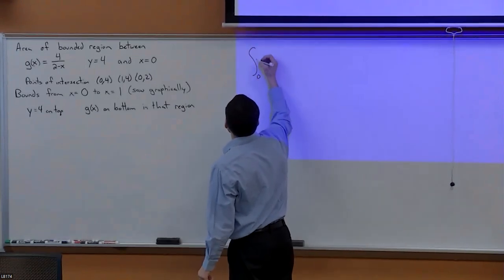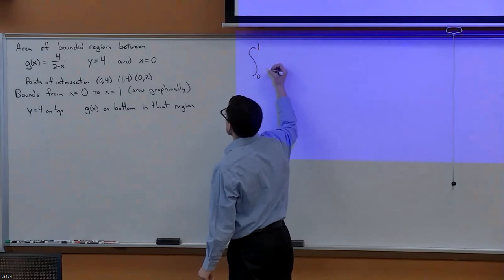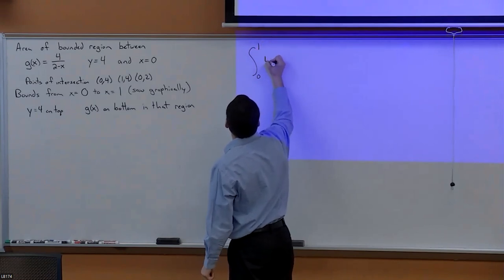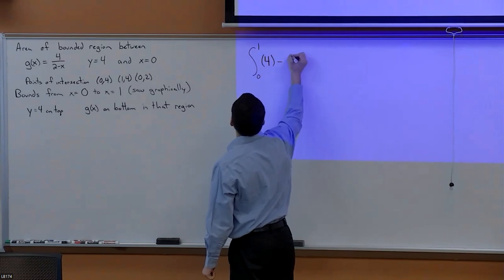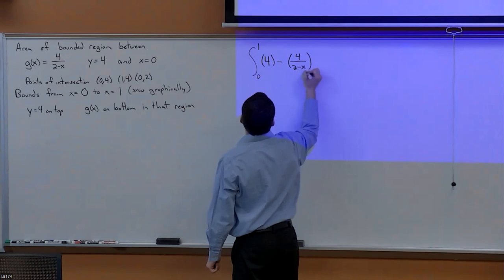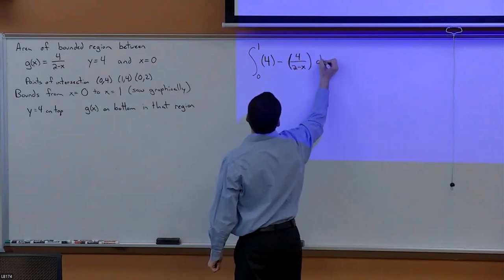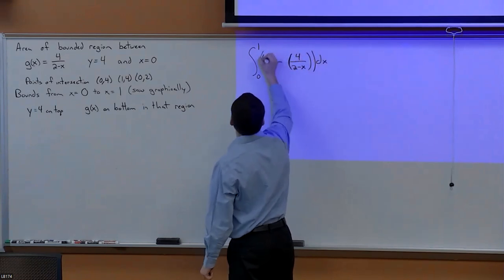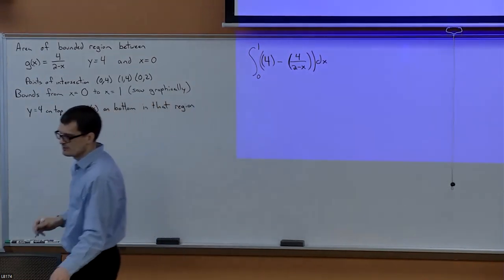So the setup for the area, 0 to 1 of 4 minus my rational function, integrated obviously with respect to x.